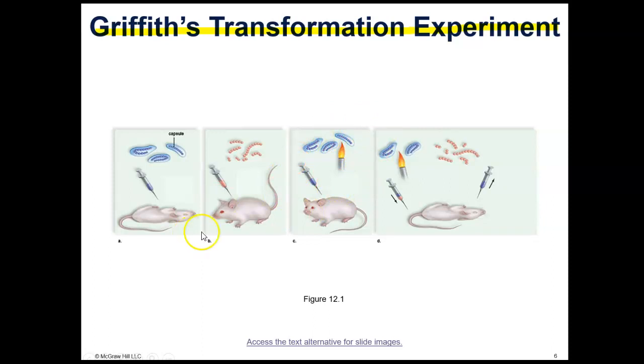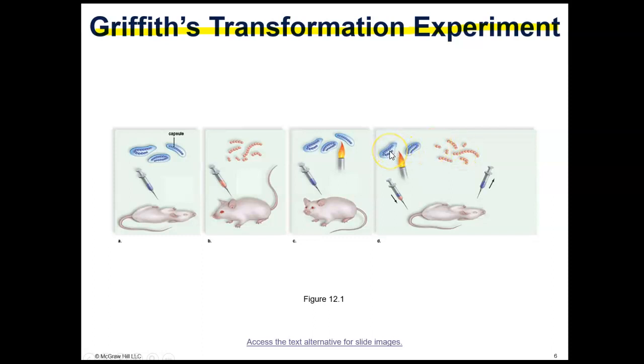And by heating the bacteria and injecting it into the mice, they lived. Then the next thing he did is he mixed in a test tube live R strain bacteria, which by itself did not kill the mice, with dead heat-killed S strain bacteria.